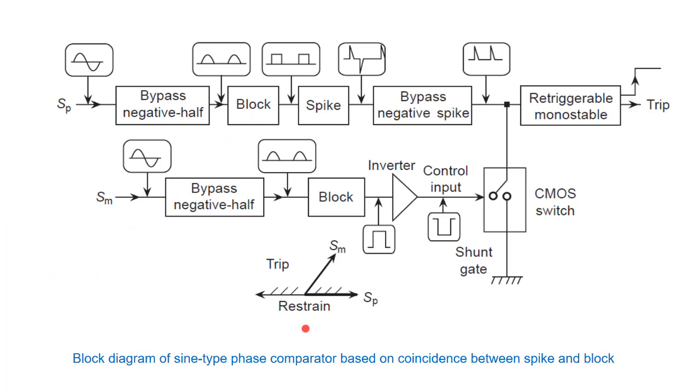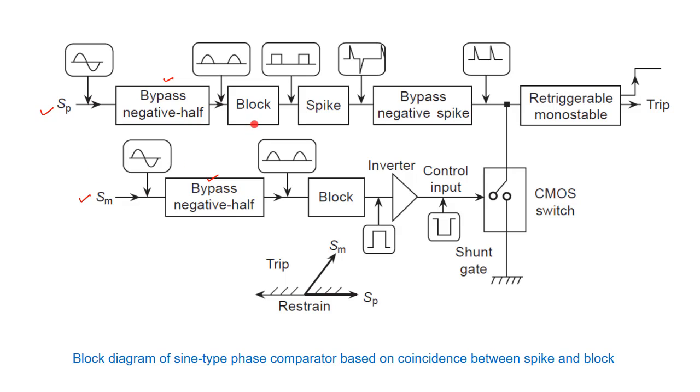This is a block diagram of how we can implement the sine comparator. Here are your Sp signal and Sm signal. Both signals pass through circuits to bypass the negative half cycle; these are the circuits by which we can clip the negative half cycle of these two signals, Sp and Sm.